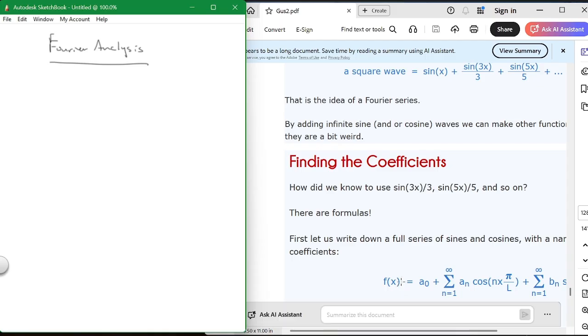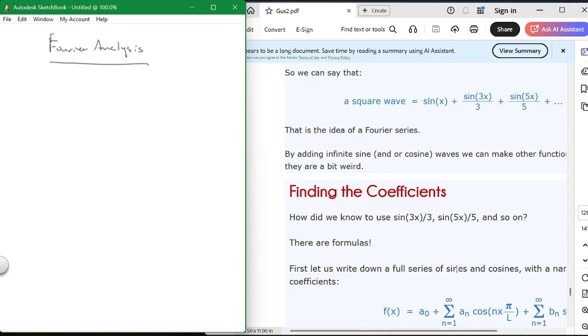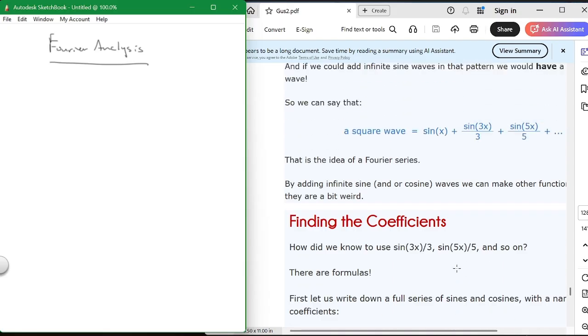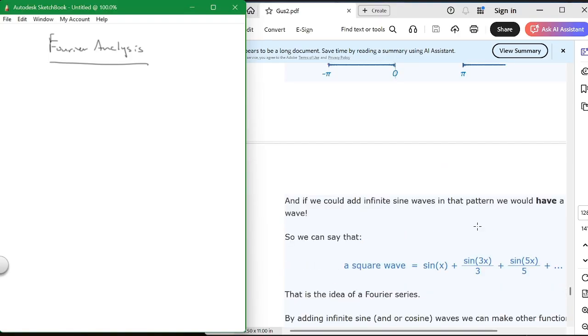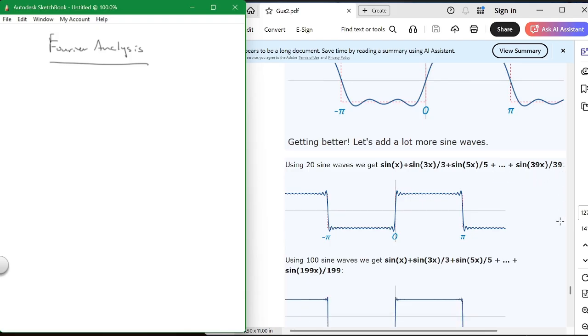Now, how do you get these constants? And what are these constants? How do you find these numbers? Three x over 3, 5x over 5, 39x over 39. How do you get those?